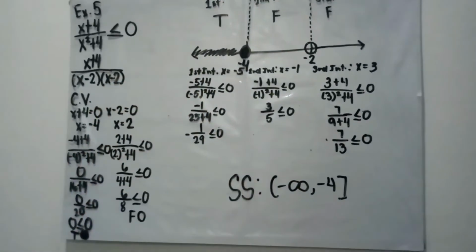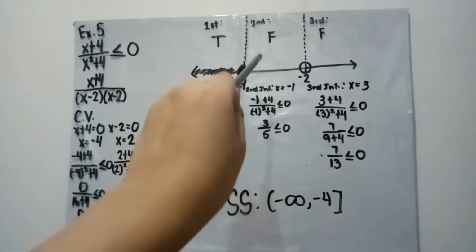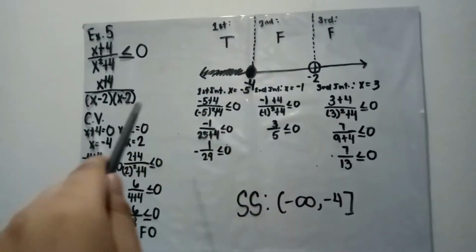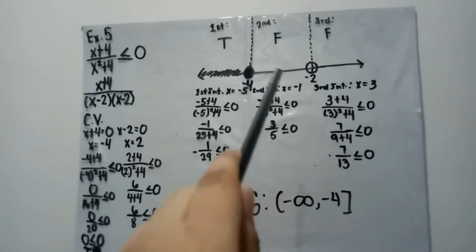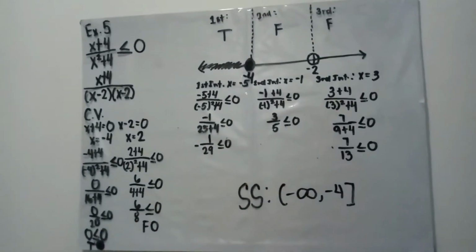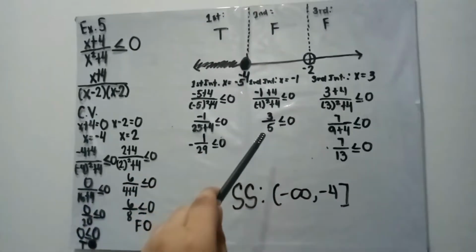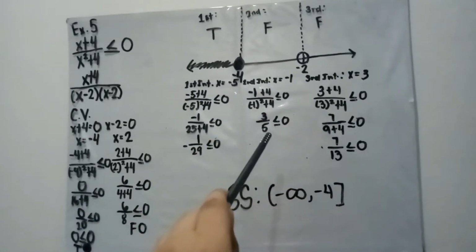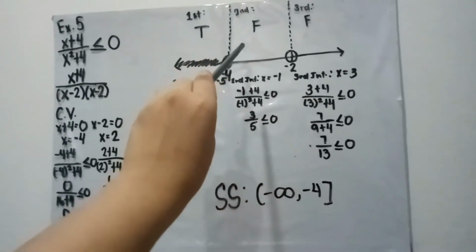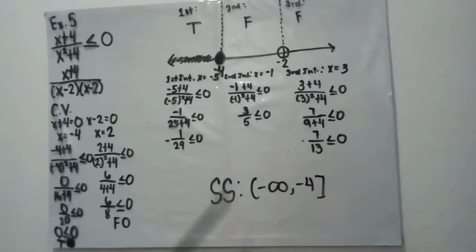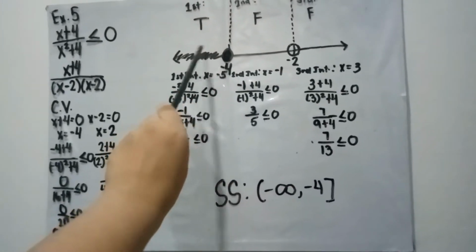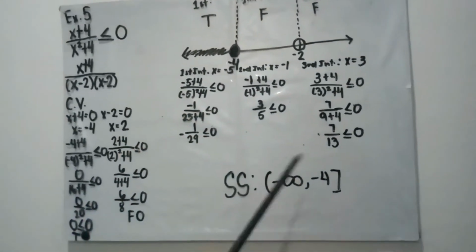True. Then, doon naman sa second interval, ang kinuha namin is negative 1. So, substitute lang ulit. Negative 1 plus 4 is equals to positive 3. The negative 1 squared is equals to 1. Plus 4 is equals to 5. So, 3/5 is less than or equals to 0. False. So, hindi natin lalagyan na ng shade yung number line niya, hindi katulad ng true. Kasi hindi naman siya kasama dun sa solution set.